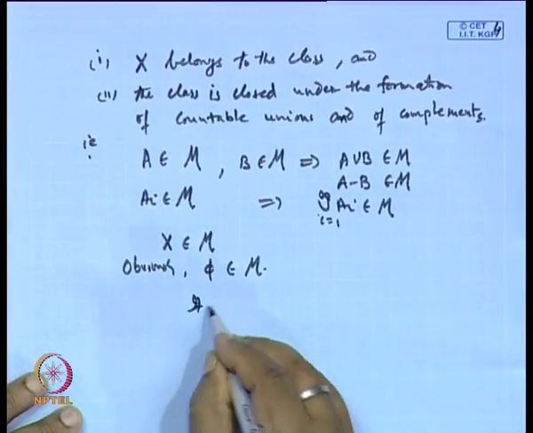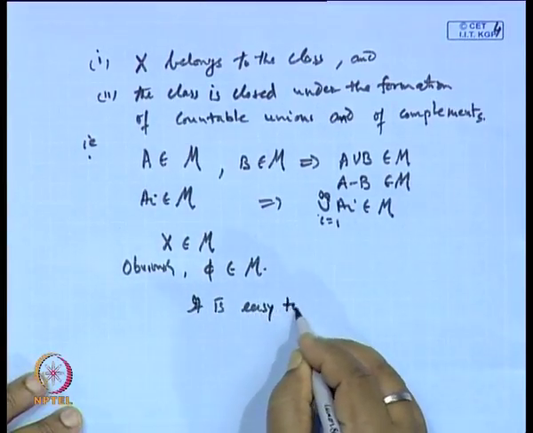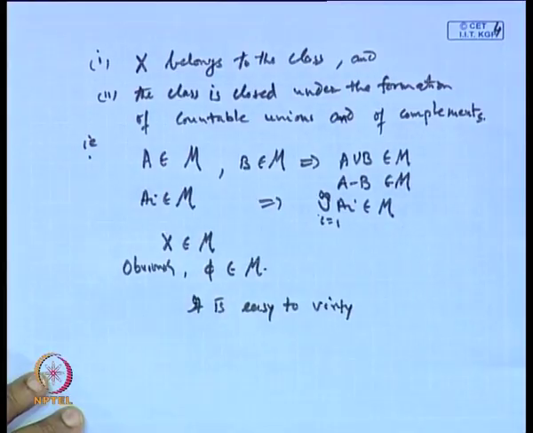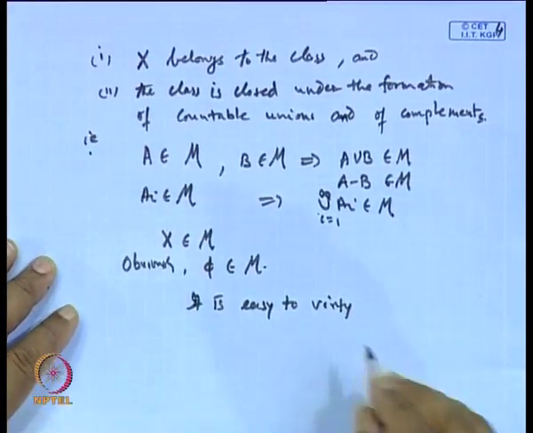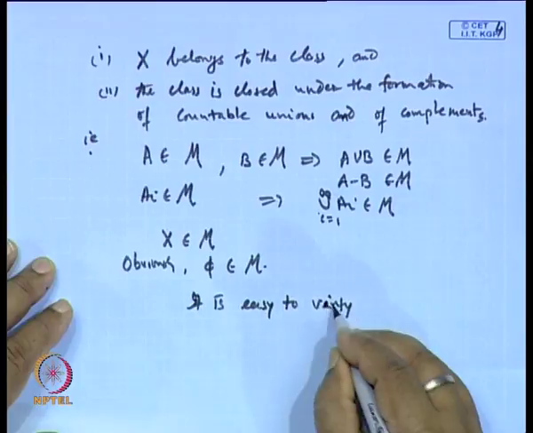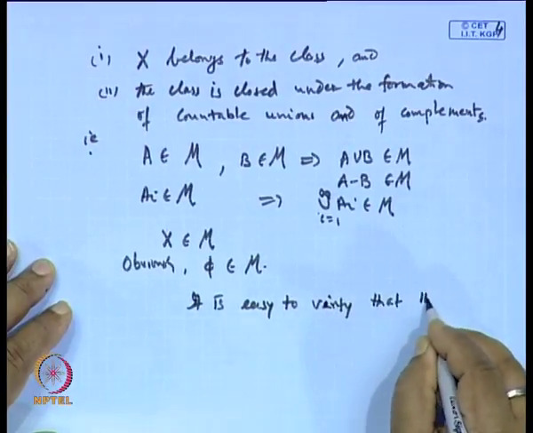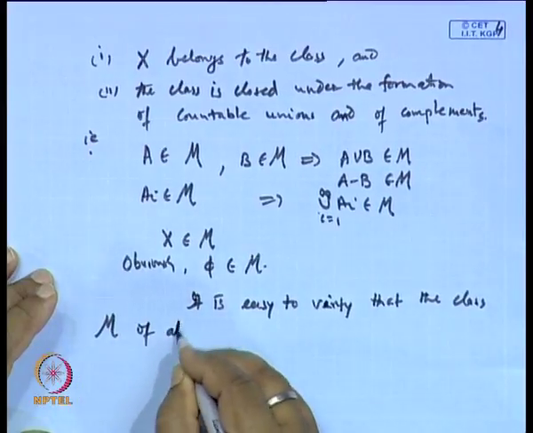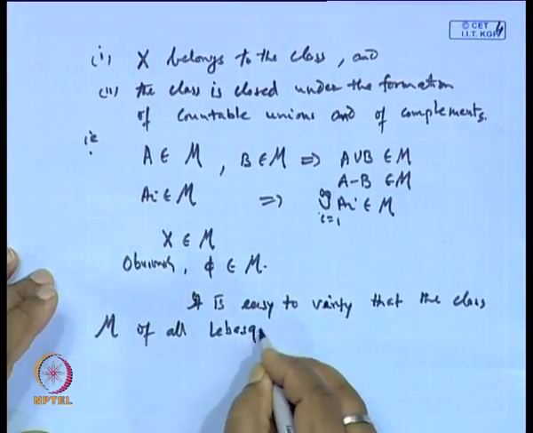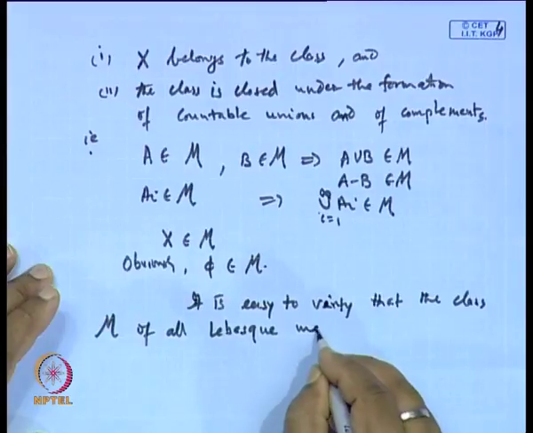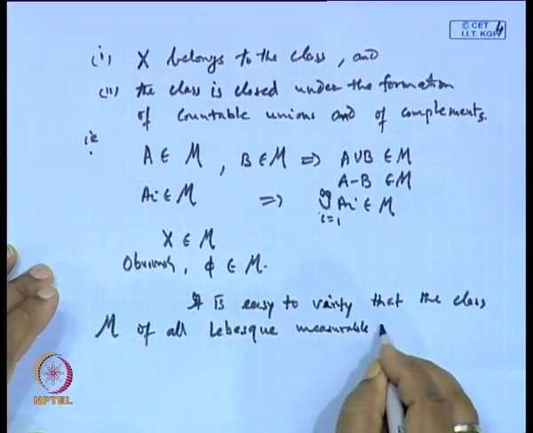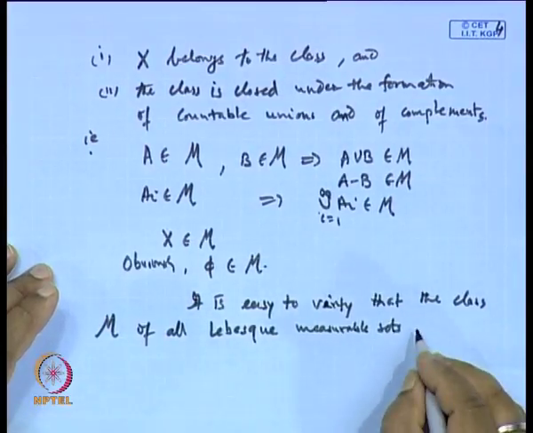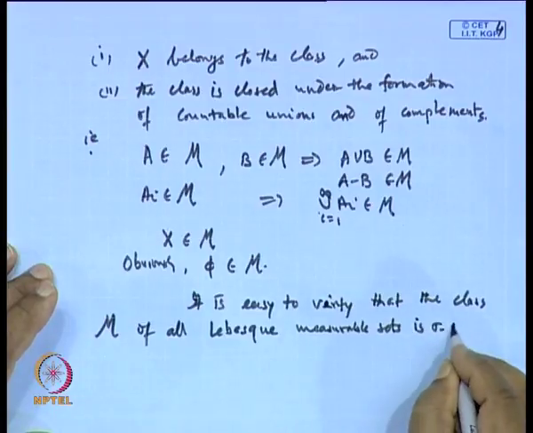So, it is easy to verify. I am not giving the complete proof. It is easy to verify that the class M of all Lebesgue measurable sets is a sigma algebra.